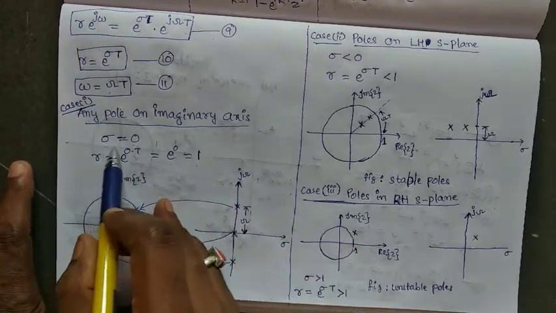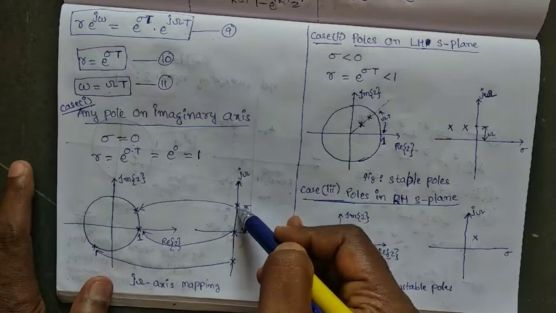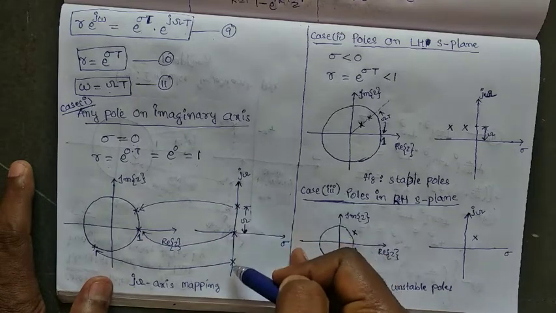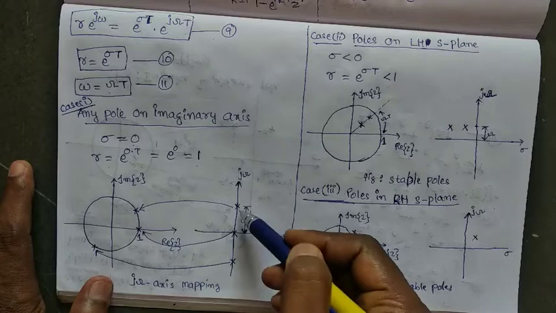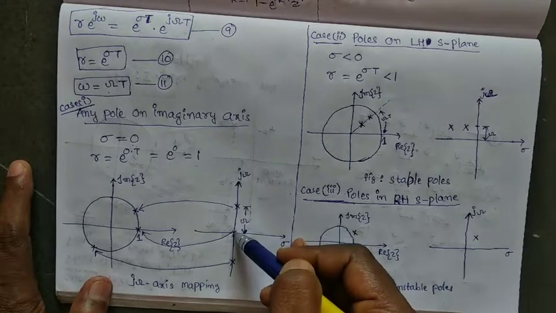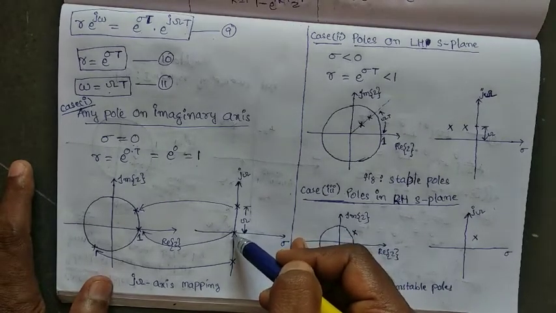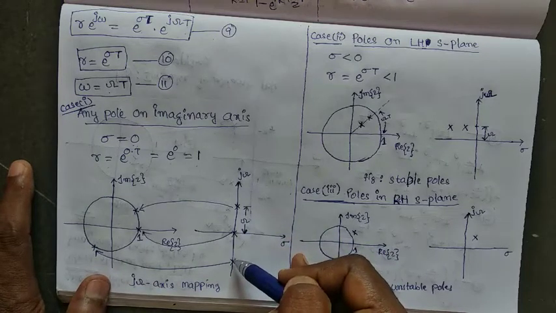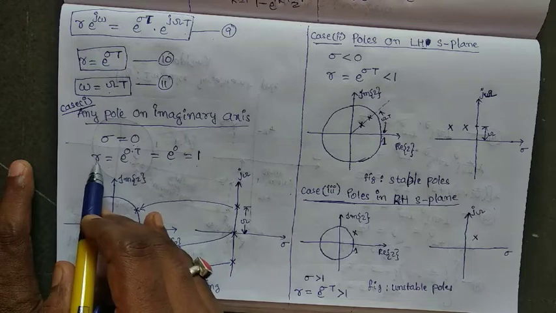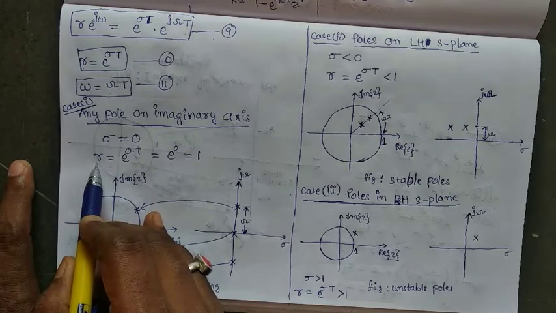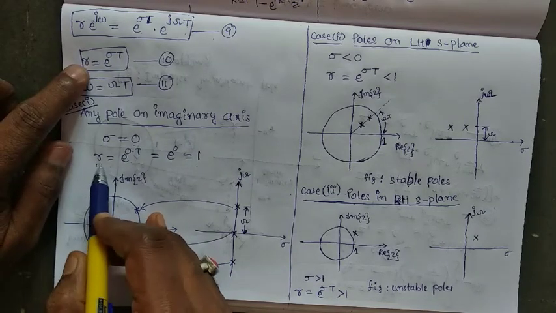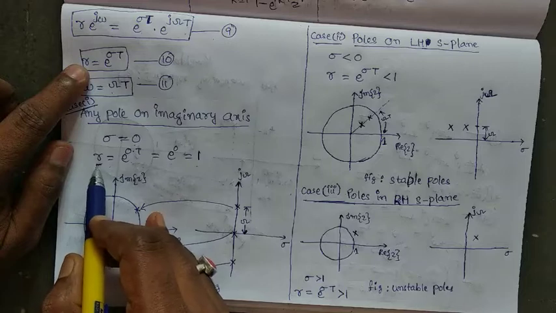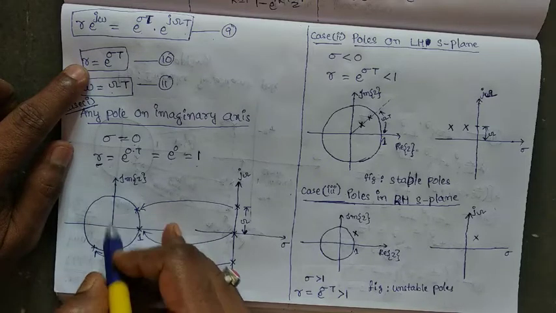Understand this one. Let us consider poles on the imaginary axis. Poles on the imaginary axis means the real part of these poles is 0. We are determining the R value. R indicates the radius of the pole in the Z domain.